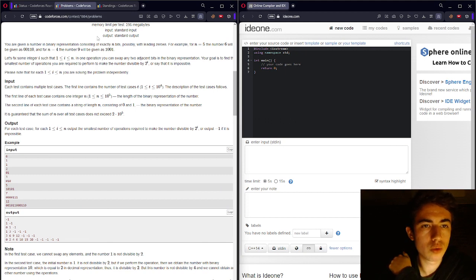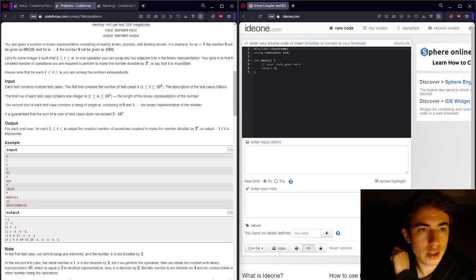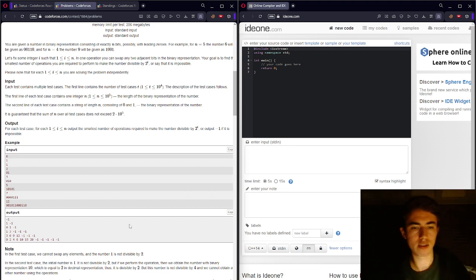We want to swap any two adjacent bits, and find the smallest number of operations to make the number divisible by 2 to the i. Okay, what does that mean?